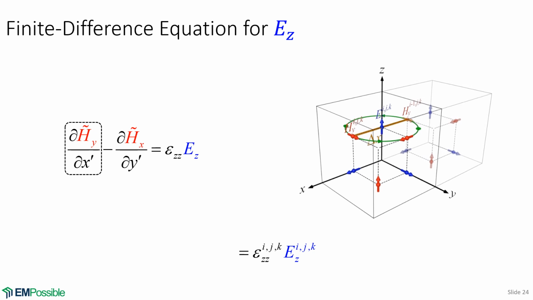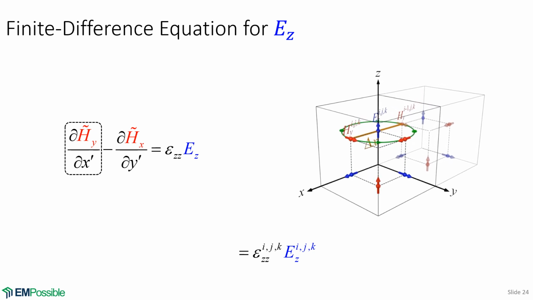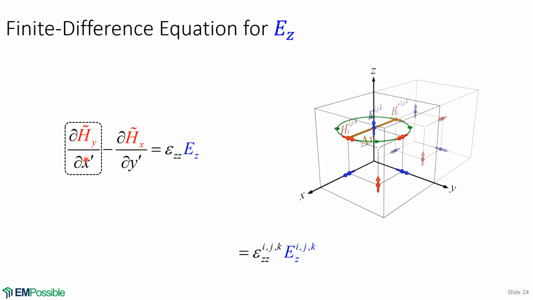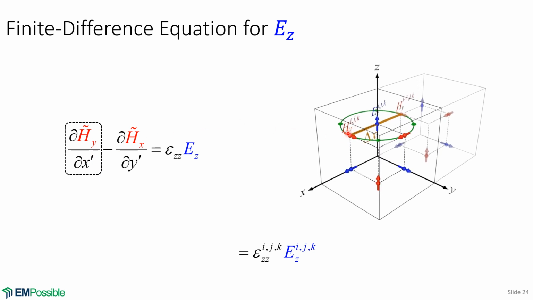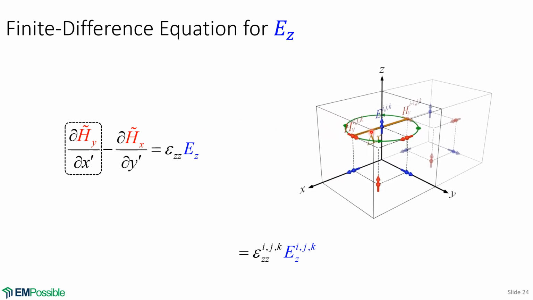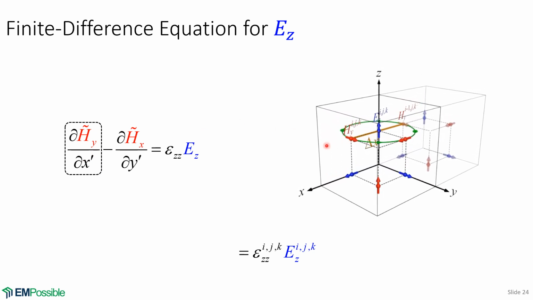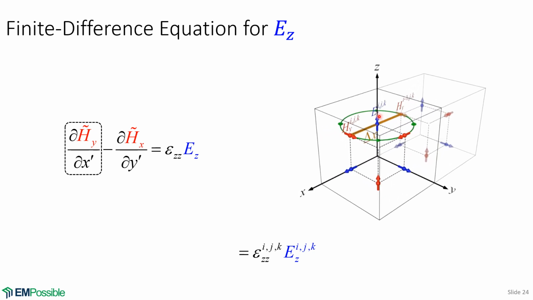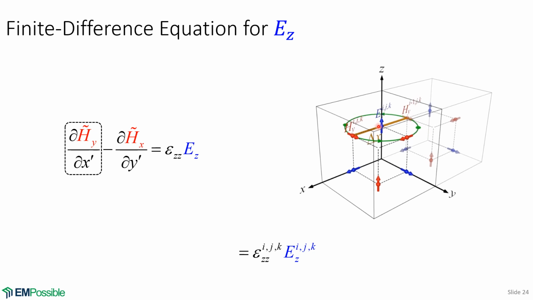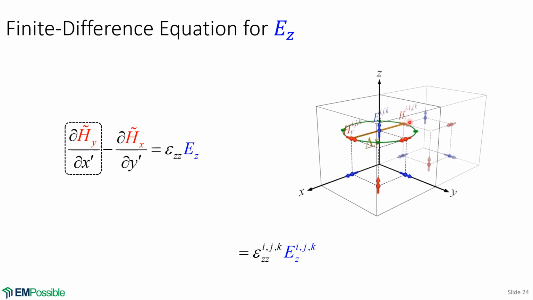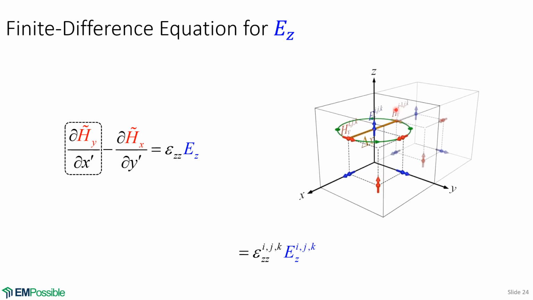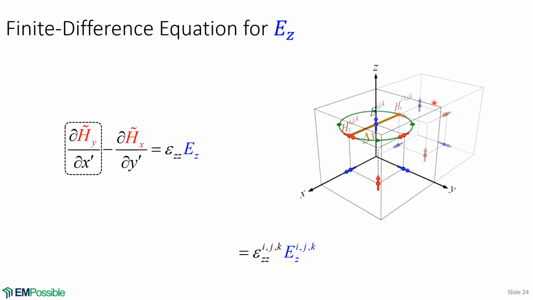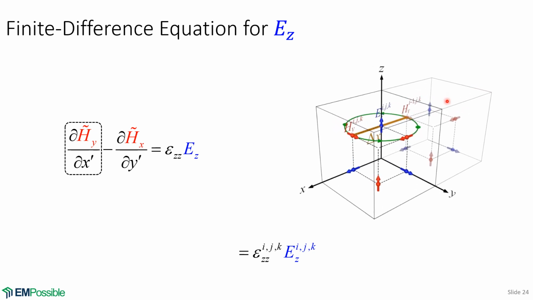On to our first partial derivative here, the partial derivative of Hy with respect to x. So here's our Hy in the Yee cell, and we want the derivative in the x direction. Well, if we're using a central finite difference, and we want that central finite difference to exist where Ez exists, we need to reach to the other side where Hy is in the previous cell in the x direction.